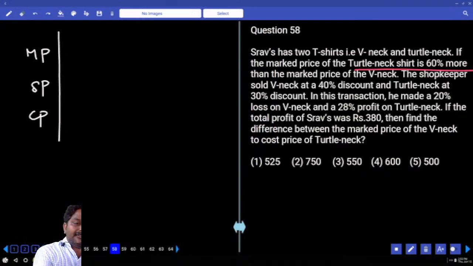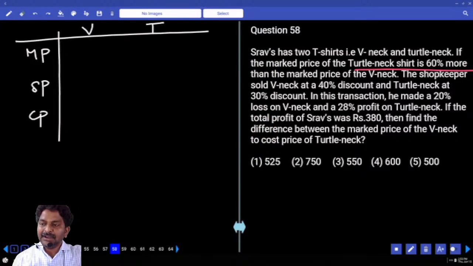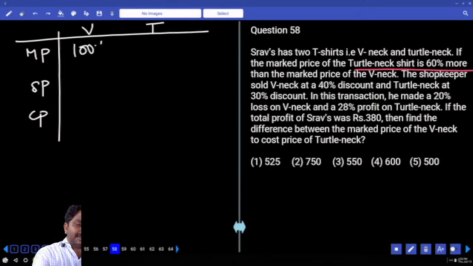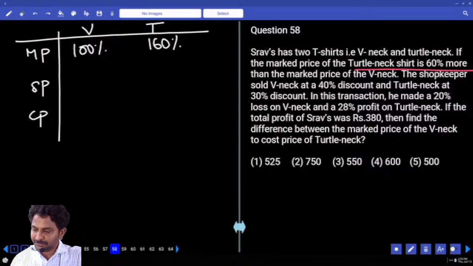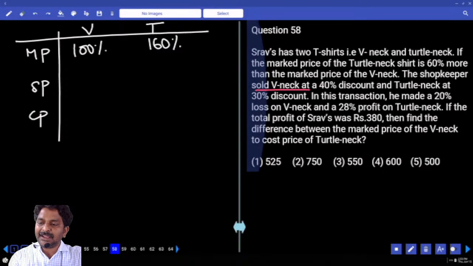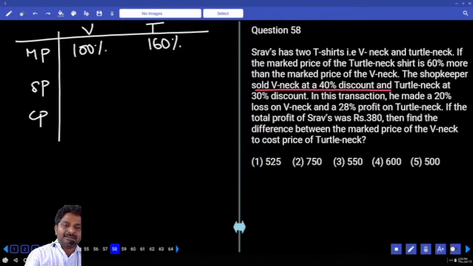Turtleneck and V-neck. The turtleneck market price is 60% more than the market price of V-neck. If V-neck is 100%, turtleneck becomes 160%. The shopkeeper sold V-neck at a 40% discount, so he will sell the item at 60%.